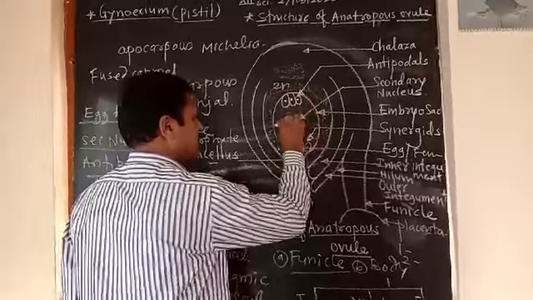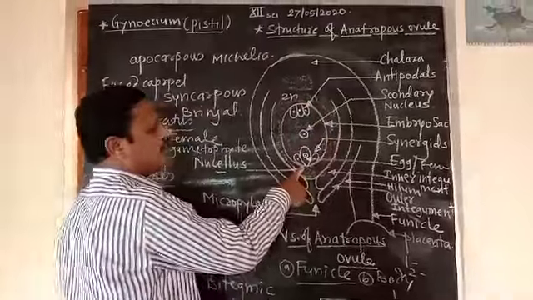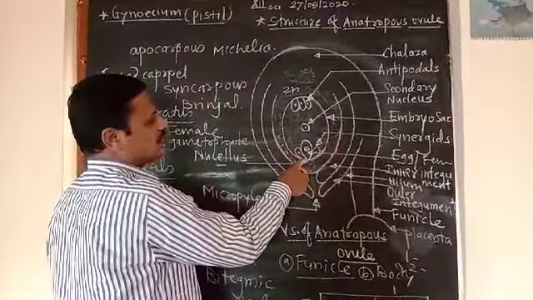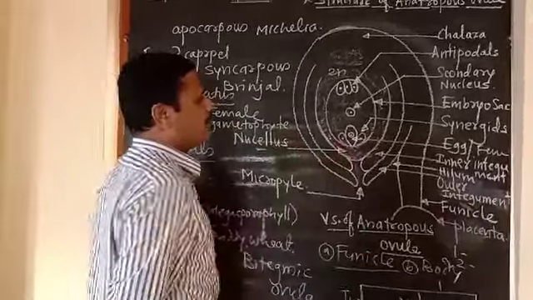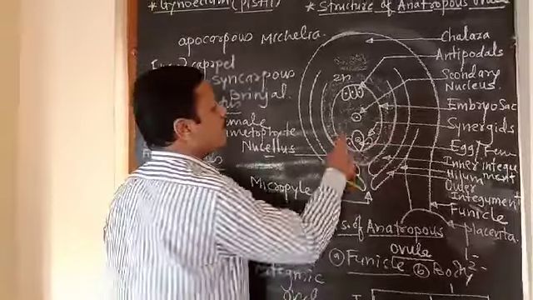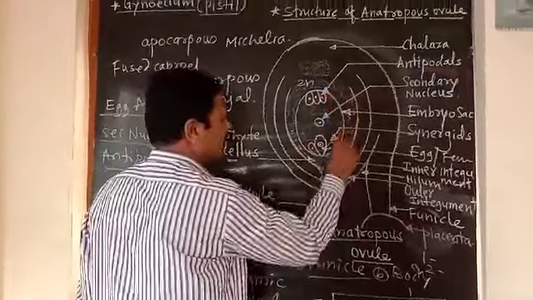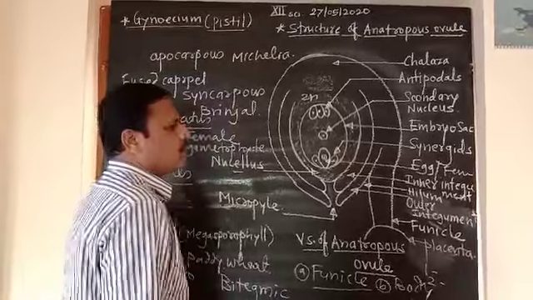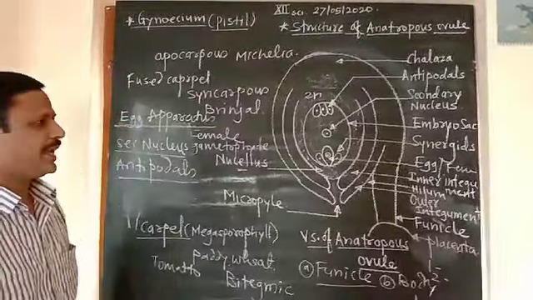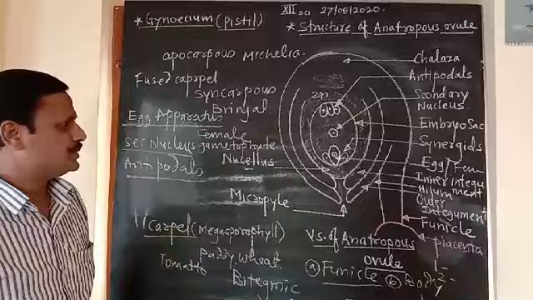This is the actual structure of the female gametophyte or embryo sac. There is a 2-mark question on this. Out of these 2 marks, half a mark is for an appropriate diagram and 1.5 marks for any 3 labels.